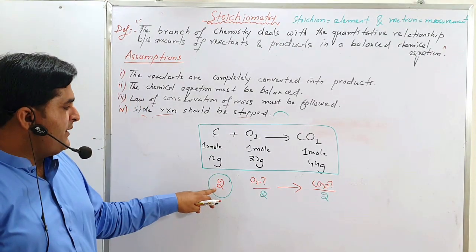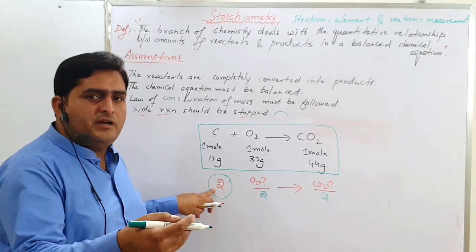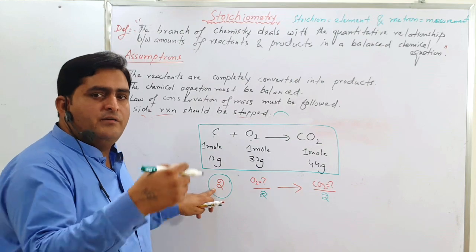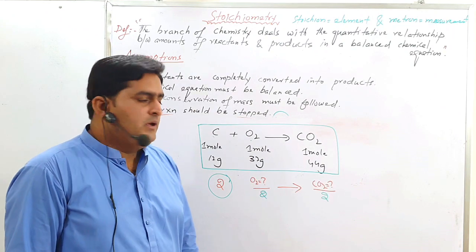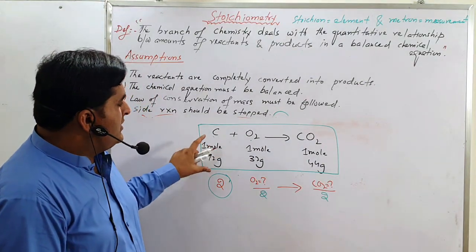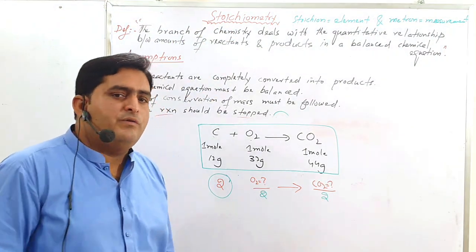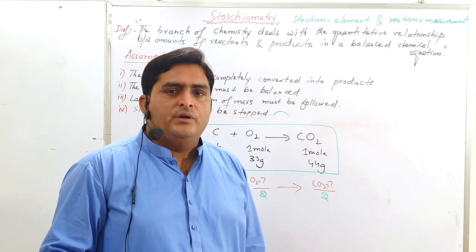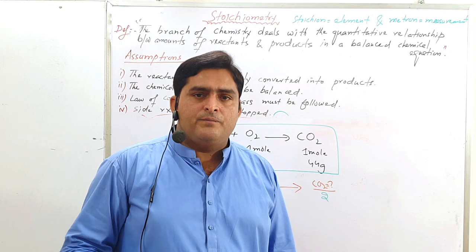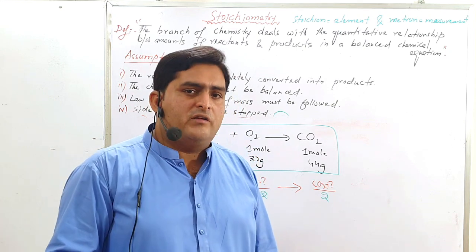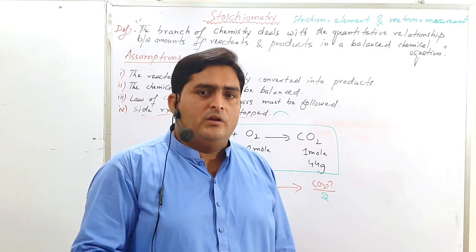So this relationship by which we can find the amount of one reactant, the other reactant, or the product from the given reactant, by comparing it with a balanced equation, is called stoichiometry: how we predict or calculate the amount of product or reactant if one thing is given. Either the reactant is given or the product is given. Both things are possible, and we can do it in both ways.